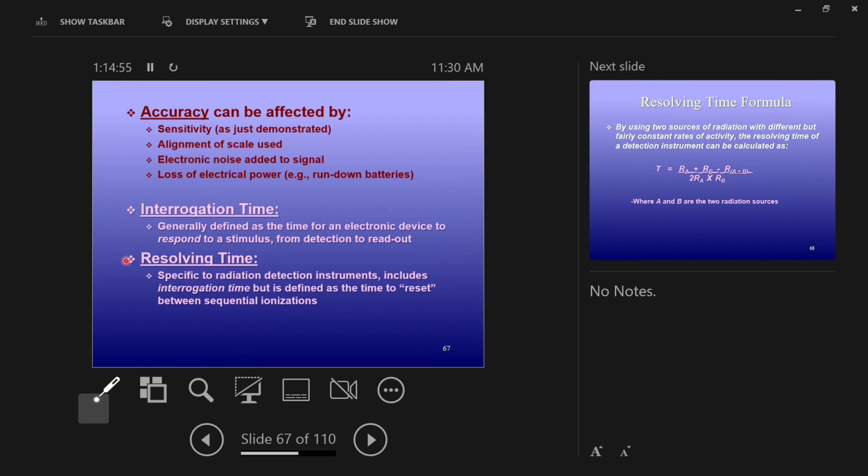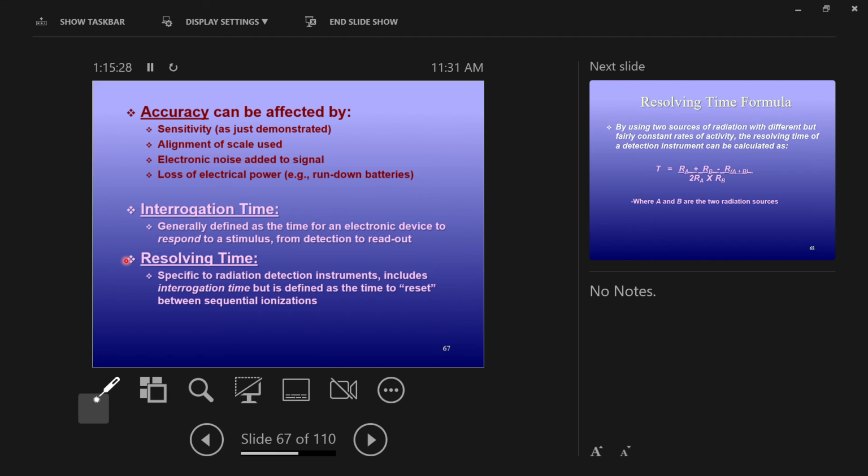If I can only measure 1 decay per second, then any source with radioactivity of more than 1 decay per second is going to look like 1 event per second. Make sense? So if I had a source at 1 event per second, 1 becquerel, I'm going to be able to measure that with my meter. But if I had a source of 2 becquerels, 2 events per second, my meter's still going to tell me 1, because my resolving time only lets me measure 1 per second in this case.